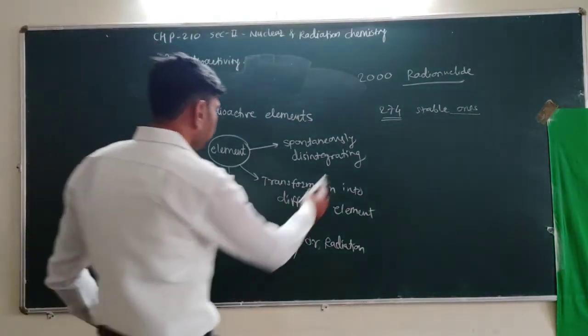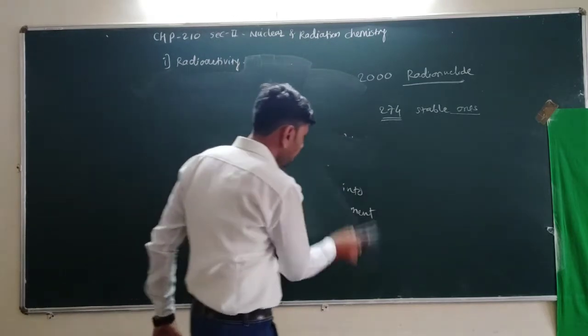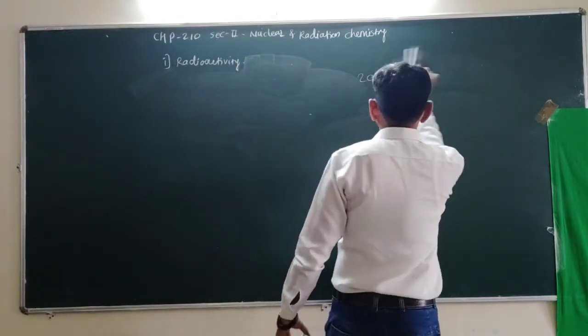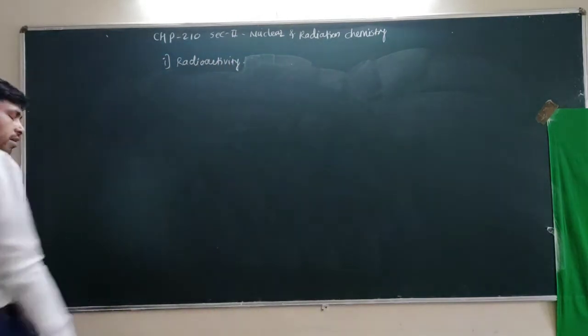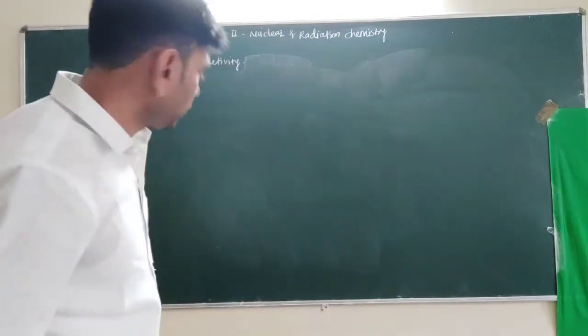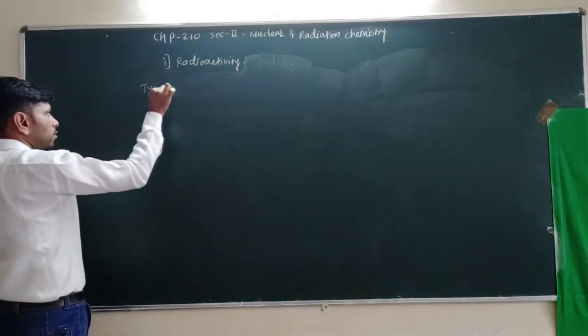Now in radioactivity, next we have to study the types of radioactivity. We know that radioactive elements disintegrate spontaneously. In the disintegration they emit certain particles, certain radiations. So it leads to the types of radioactive decay.